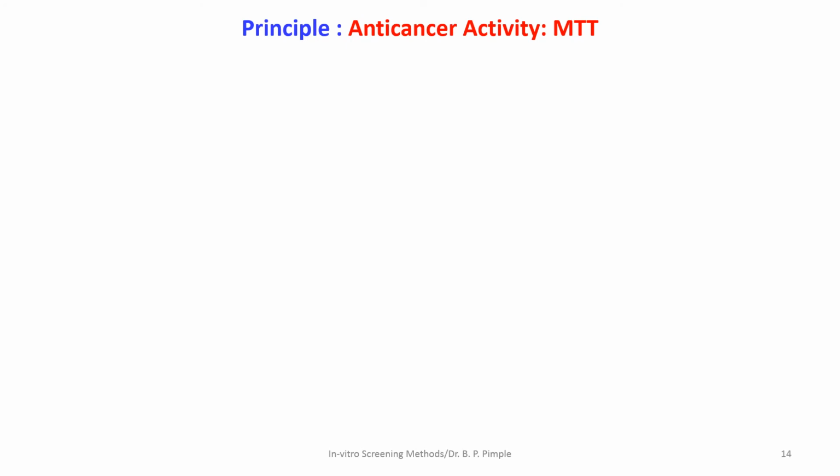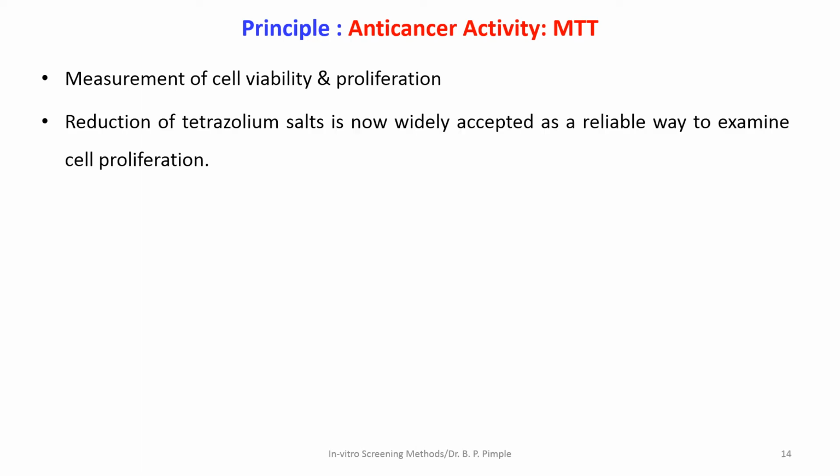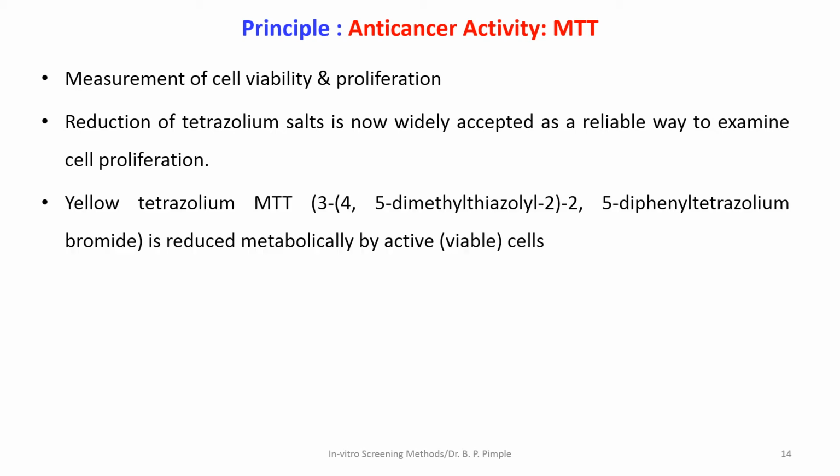Now another anti-cancer assay, which is very popularly known as MTT. Here the cell viability, that is whether they are living or not, plus whether they are proliferating, increasing in the number, is also determined. This assay is based upon a simple principle of reduction of a dye, that is tetrazolium salt.